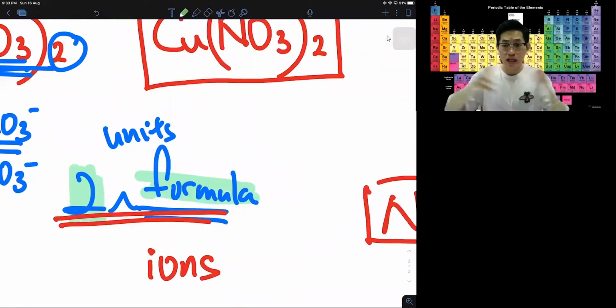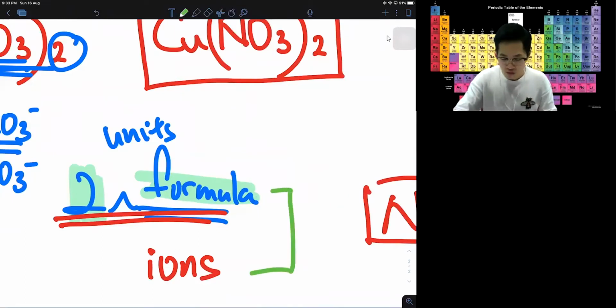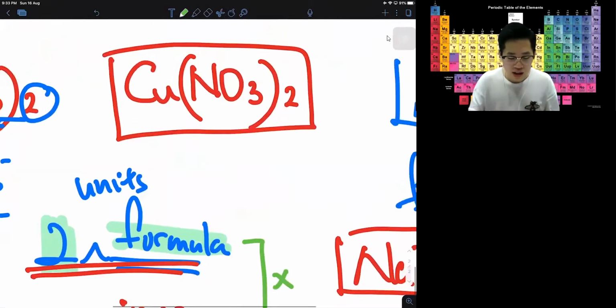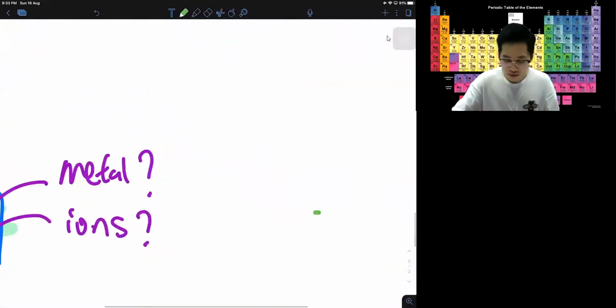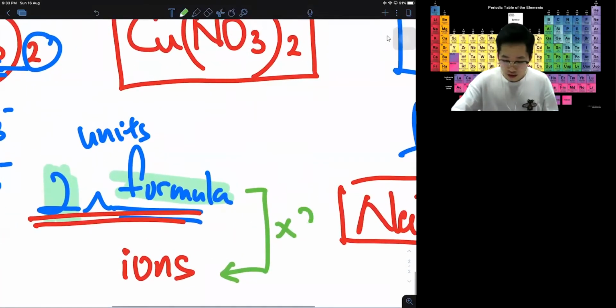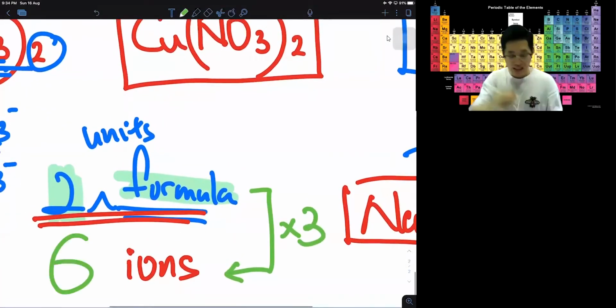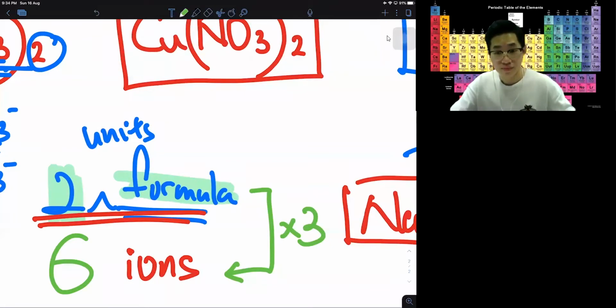Formula is a bigger unit like kg, and kg to be converted into gram, I have to multiply. Cu(NO3)2 got 3 ions, so 2 times 3 is 6 ions.